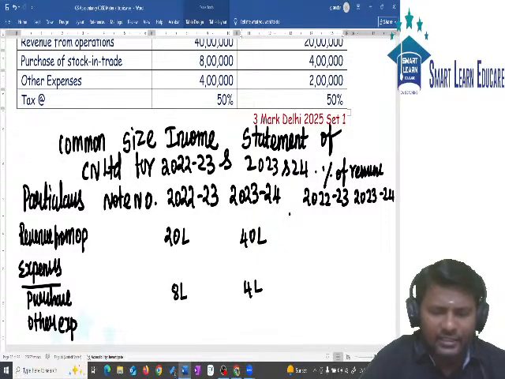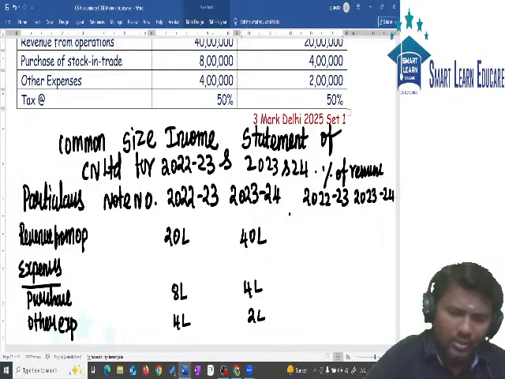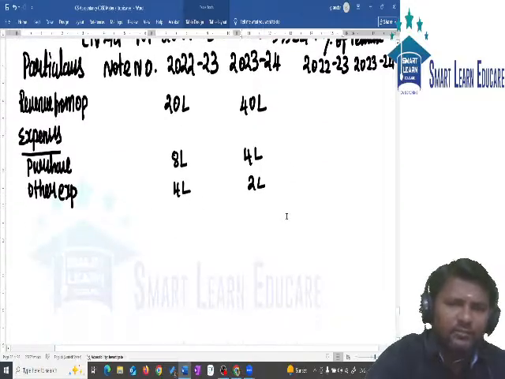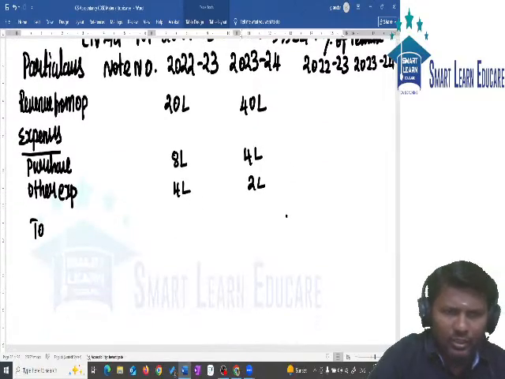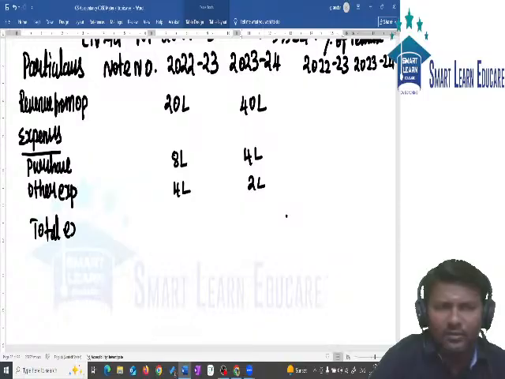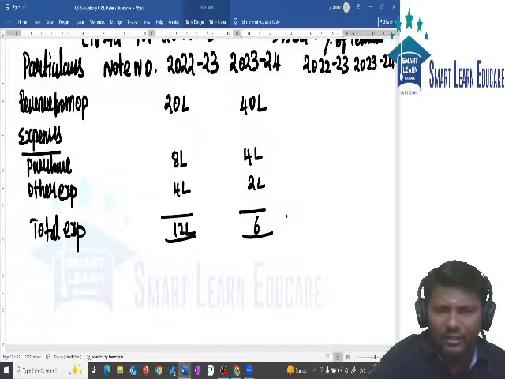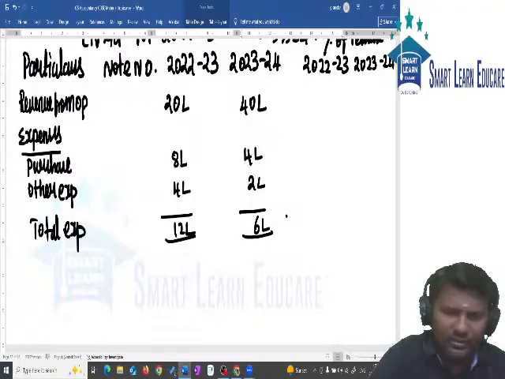How much is other expense? 4 lakh and 2 lakh. What is the total expense? 8 lakh plus 4 lakh will give you 12 lakh. 4 lakh plus 2 lakh will give you 6 lakh. Total expense over.